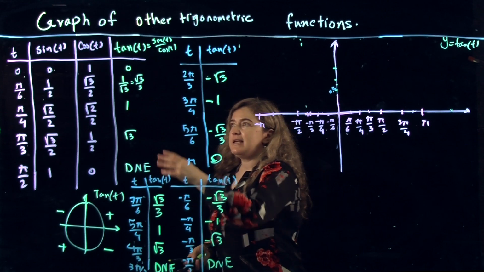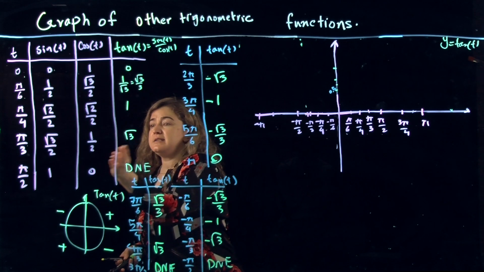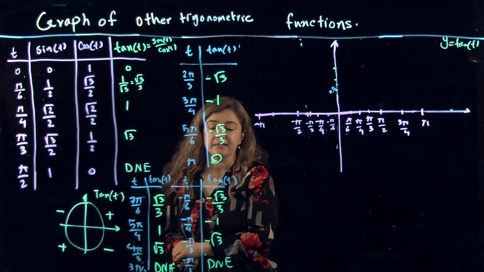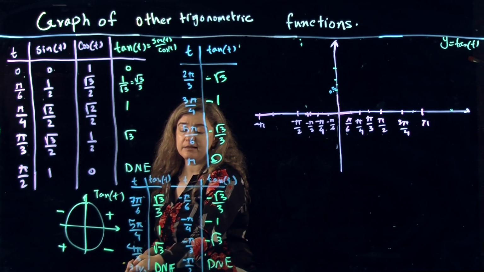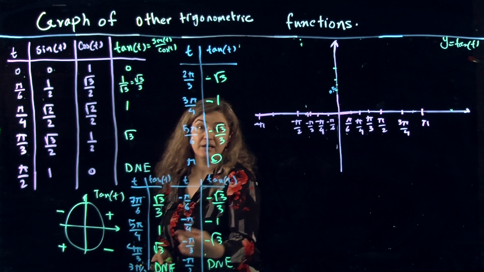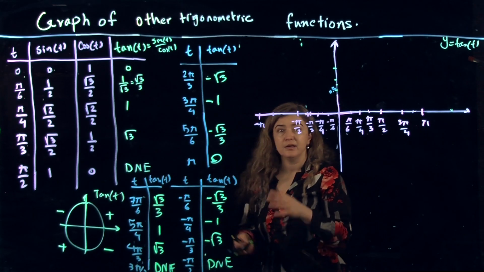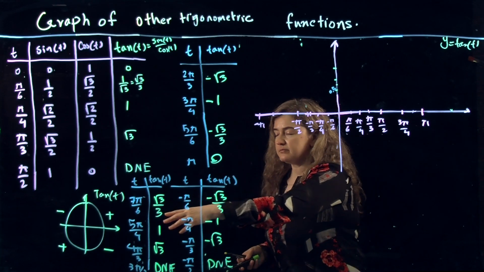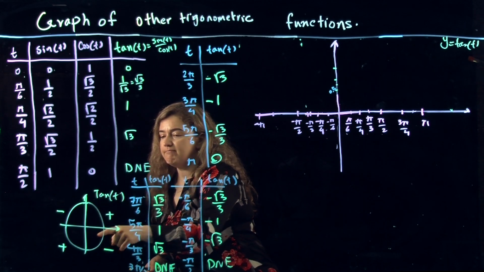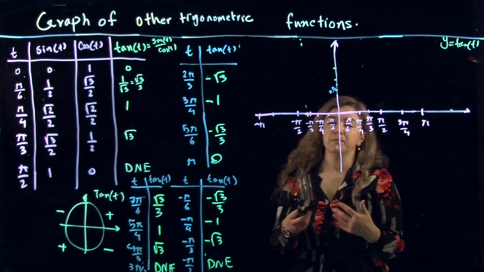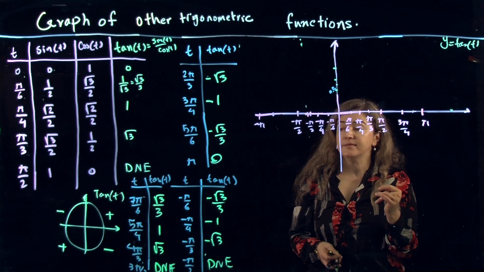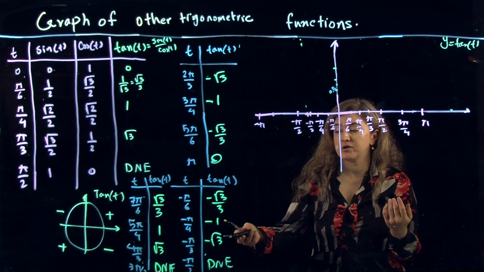I know that at t equal to pi half, tangent doesn't exist. I also know at t equal to 3 pi half or negative pi half, they're the same thing, the same place in the unit circle, but at neither of those places the tangent exists.